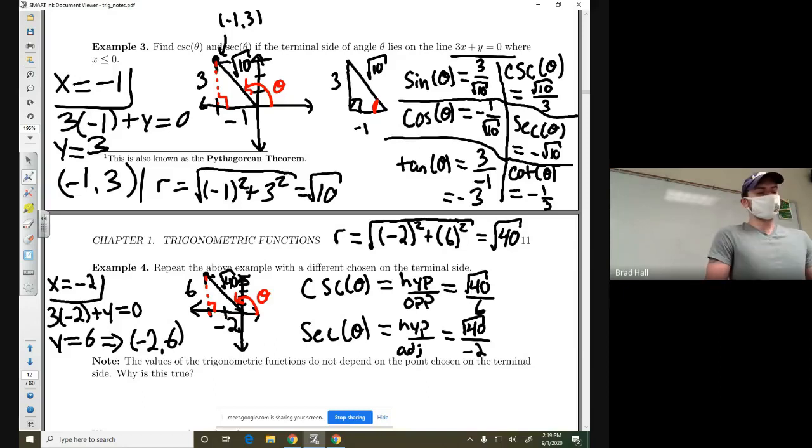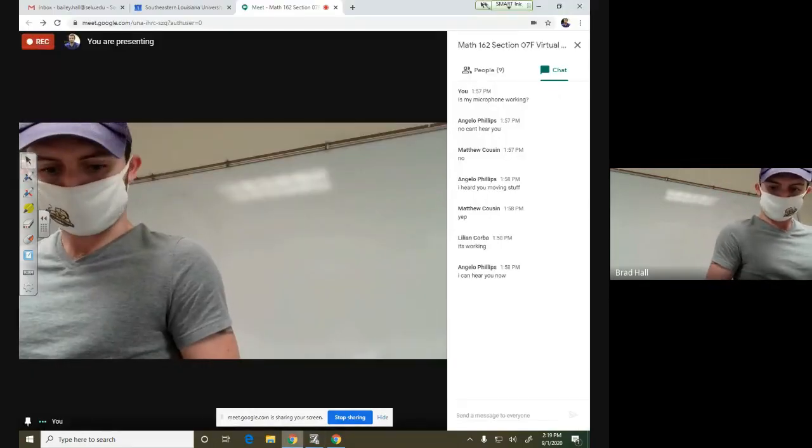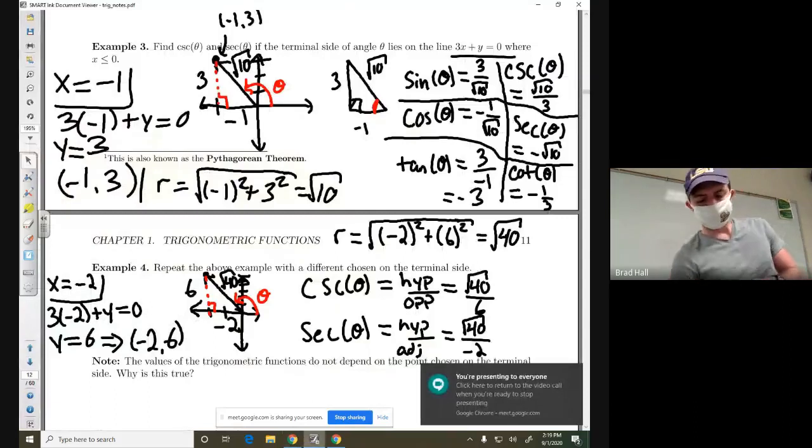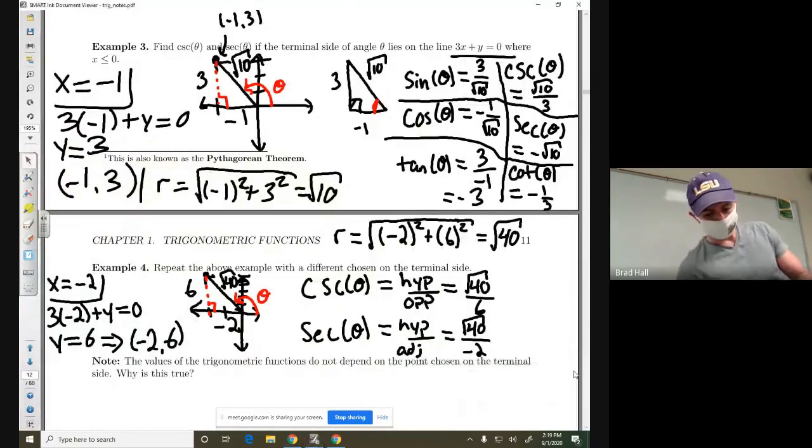So, well, up to here, is everyone okay with that? Is that pretty straightforward? So, Google Meets. Okay. So, that all seemed a little bit redundant, but it highlights a bigger idea of, well, does the trig value change?